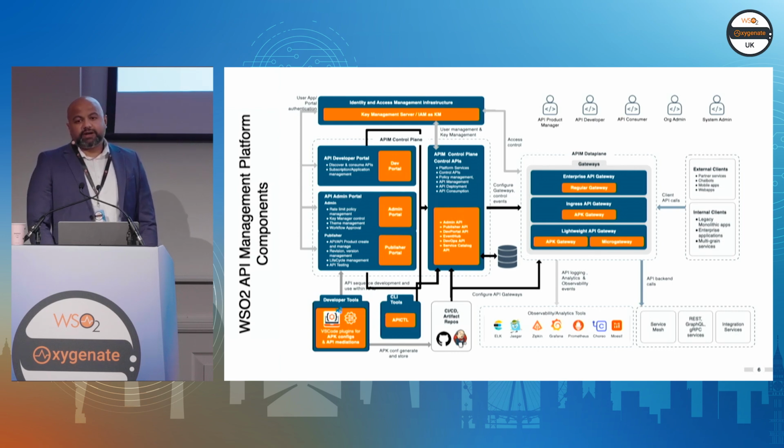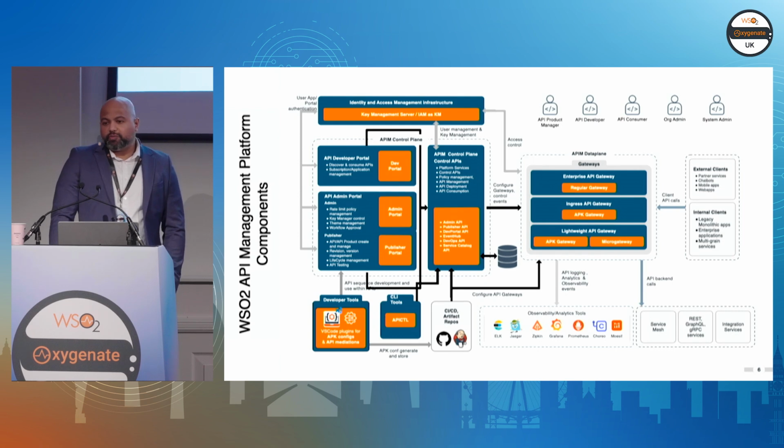This publisher portal allows your users to onboard APIs, enforce lifecycle management, and version APIs. Those kinds of functionalities can be executed using the publisher portal. Similarly, you can use publisher portal APIs in order to integrate these capabilities with your CI/CD pipeline tools or any third-party application that you may have.